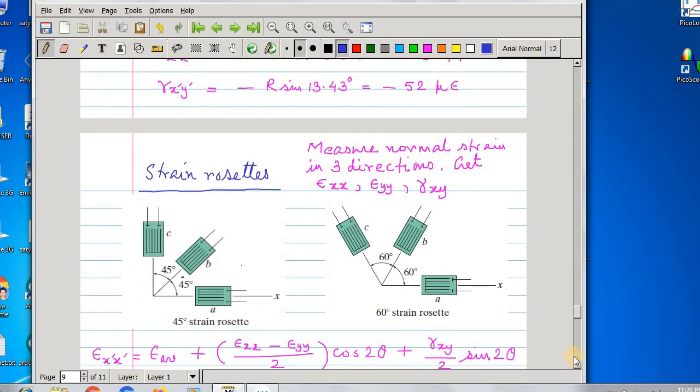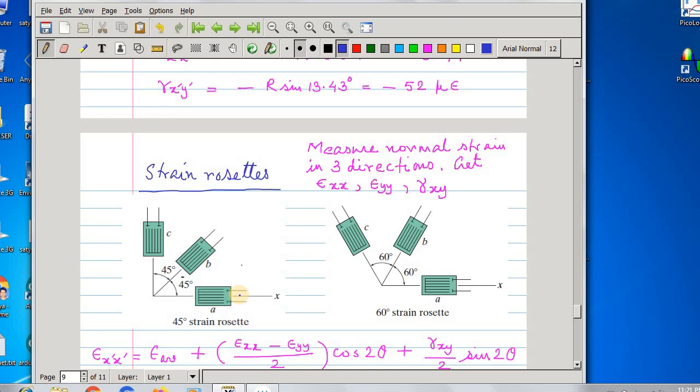Now strain rosettes. So the 45° strain rosette, which is also called the rectangular strain rosette, and the 60° strain rosette. These are actually strain gauges. Strain gauges measure the normal strain along the axis.